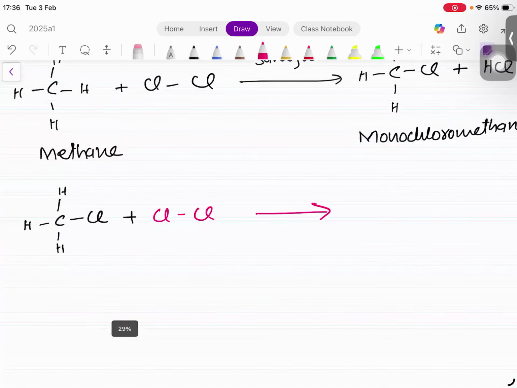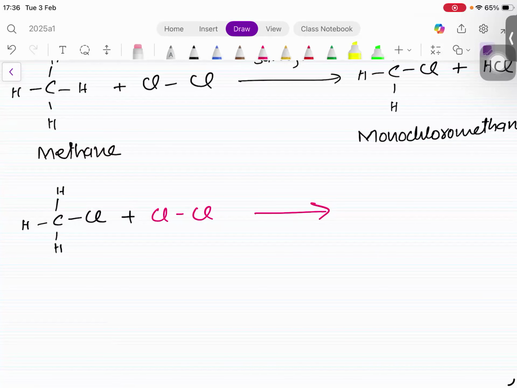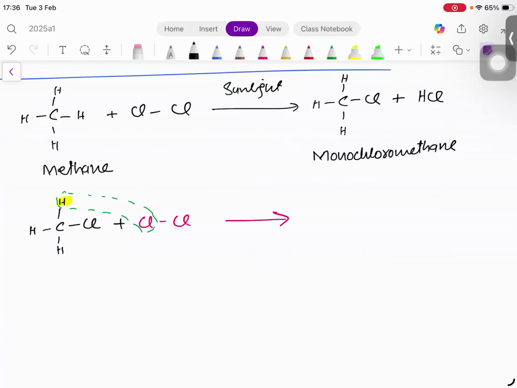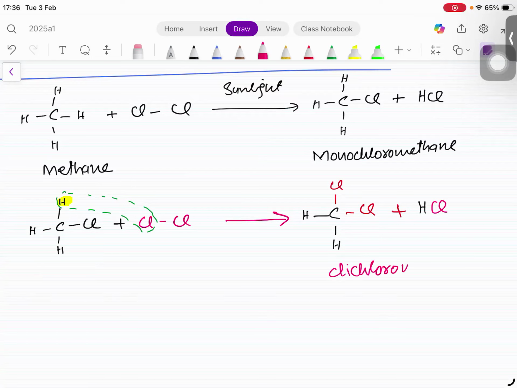And this time, one more hydrogen, let's say the hydrogen on the top, goes with one of the chlorines, और क्या बन जाएगा? HCl, and this product will have two chlorines now, CH2Cl2 plus HCl. Yes, what is this now? Dichloromethane.